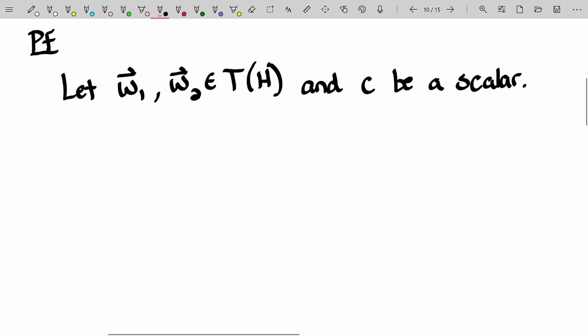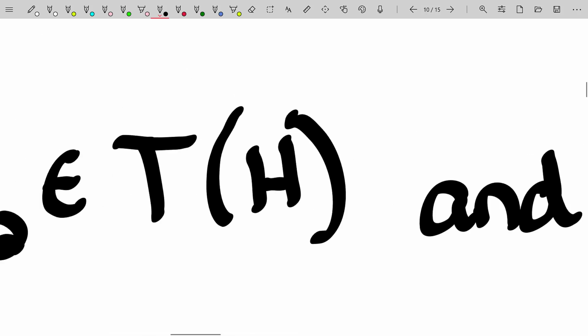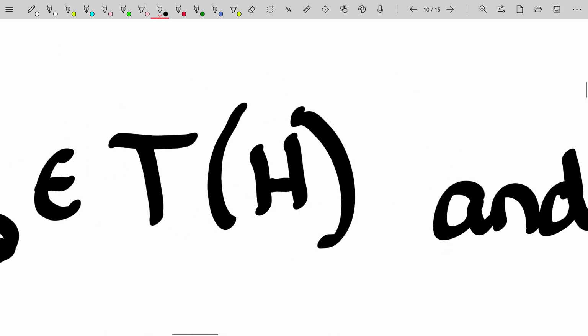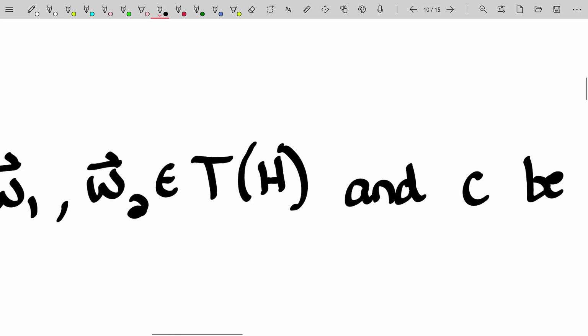Now, what does that mean, that these two vectors are in the transformation of H? That is, they are images of some vectors from H under the transformation T. Well, that just means there must be a couple vectors in H itself, such that when you plug those vectors into T, they become W1 and W2.